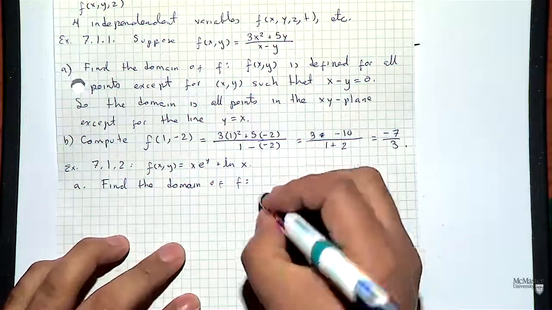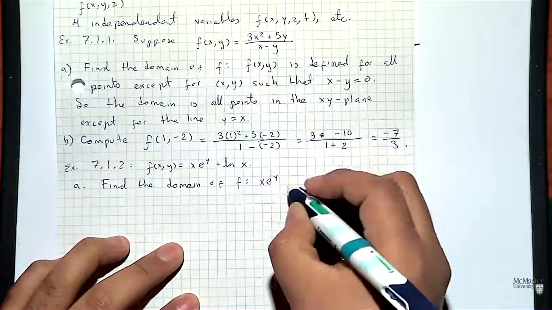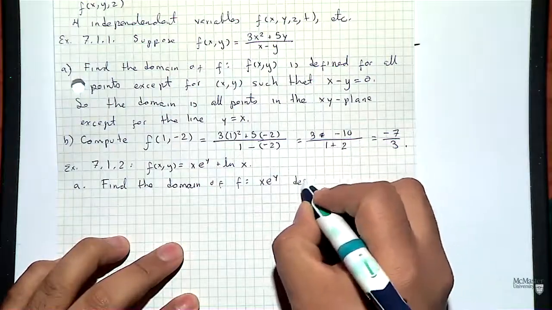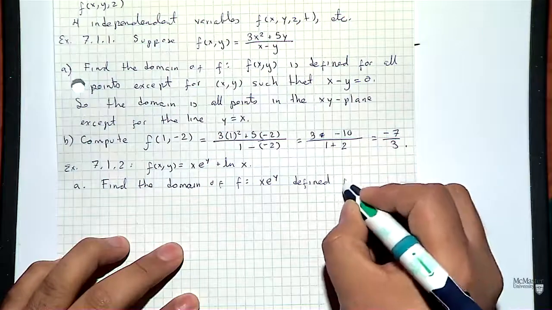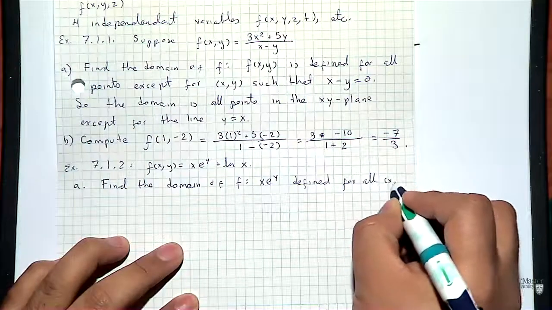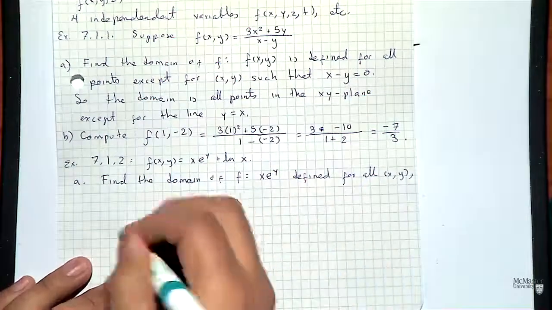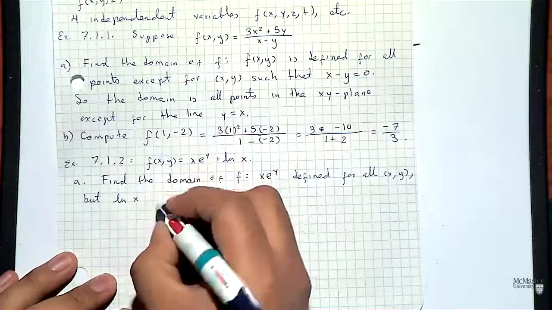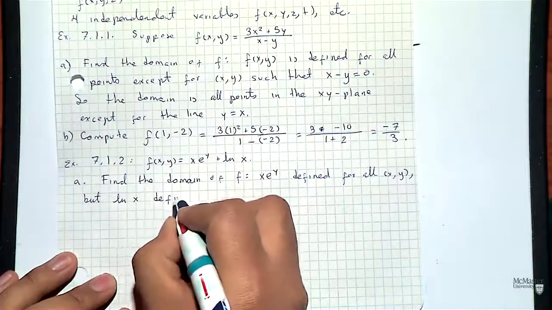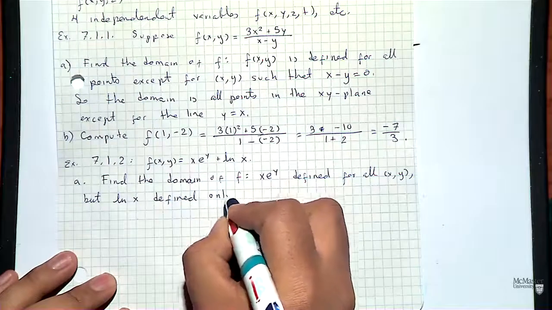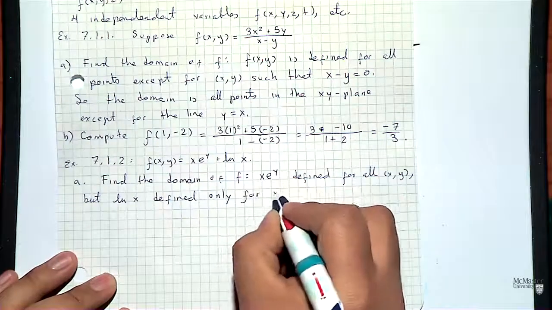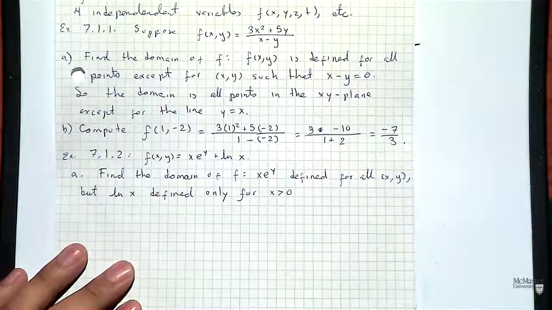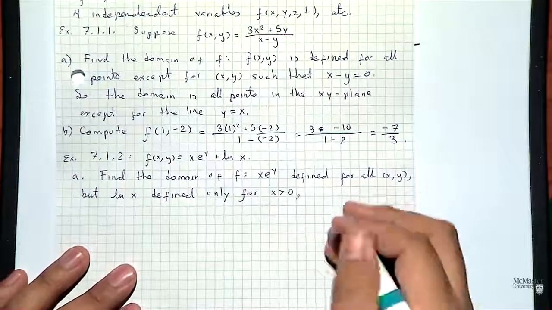So x times e to the y is defined for all xy, but natural log of x is defined only for x greater than 0. That you know from the previous chapters.